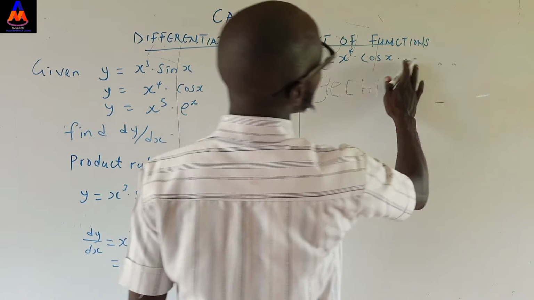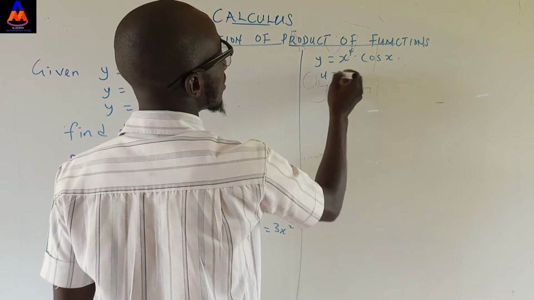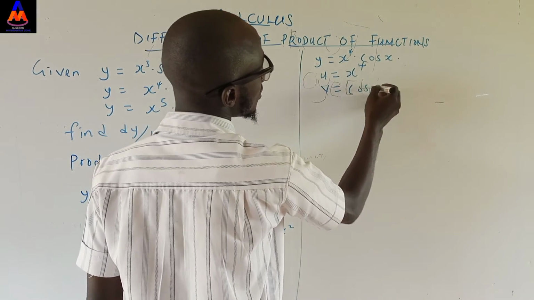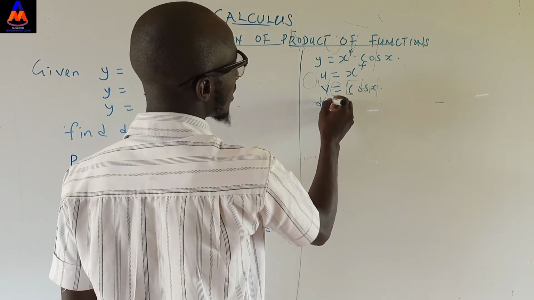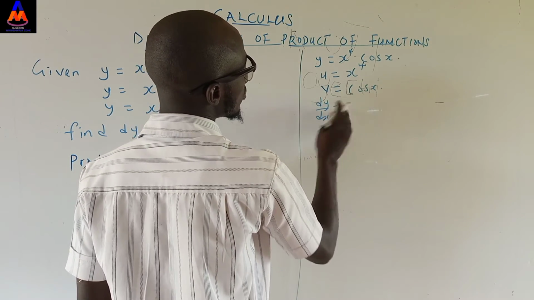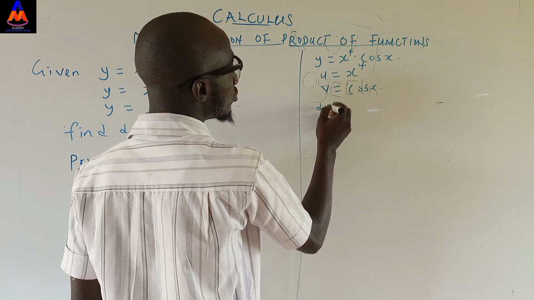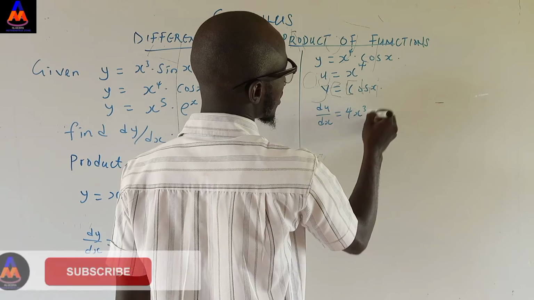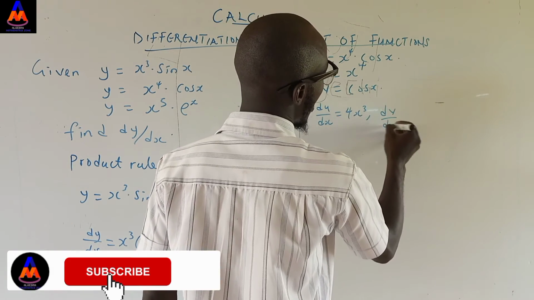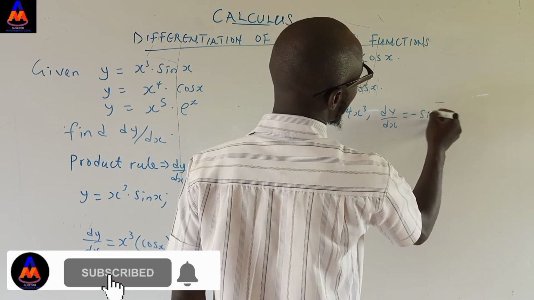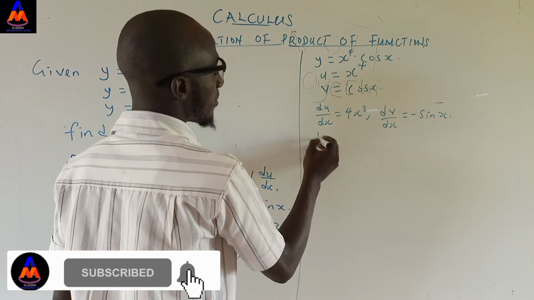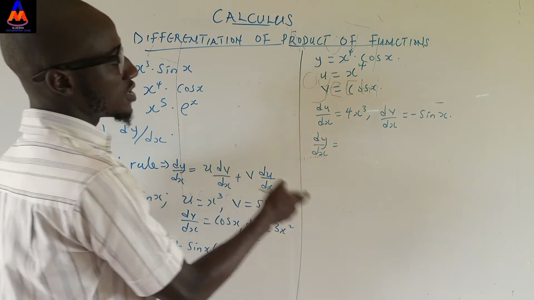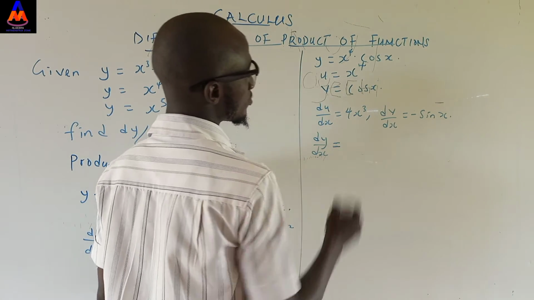So we have my u as s raised to the power 4, my v as cos x. I need my du dx, of course. My du dx is 4s raised to the power 3. My dv dx is minus sine x. Then my dy dx is u dv dx plus v du dx.